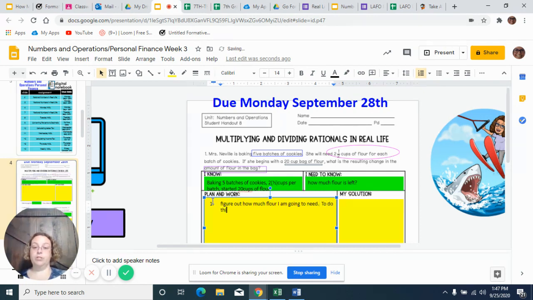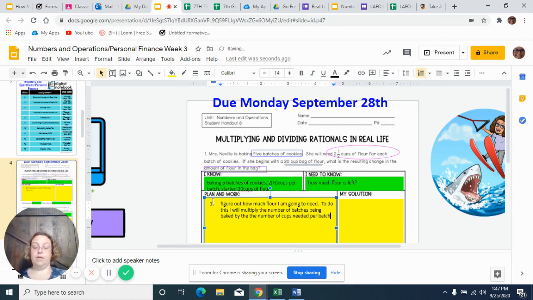Well, to do this, I will multiply the number of batches being baked by the number of cups needed per batch.